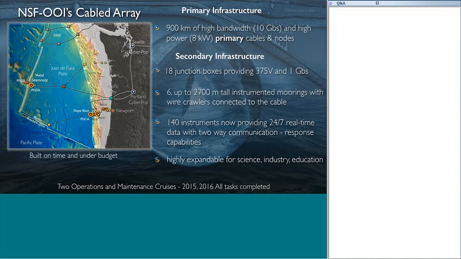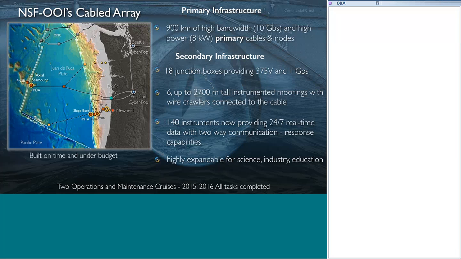So we have smaller junction boxes, 18 of those. We have 6 moorings, 2 different kinds, that rise up to 2,700 meters above the seafloor with instrumented wire crawlers. We currently have a little over 140 instruments.